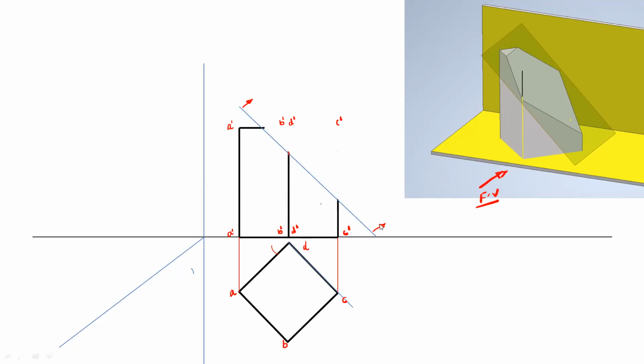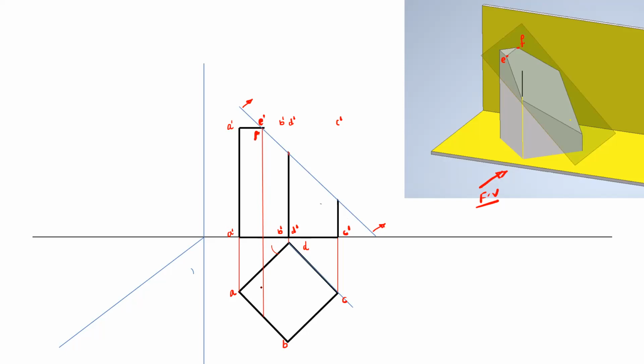Now because of this section plane, we will get the intersection points on the top edges, on the vertical edges. So this is the intersection on the top edge. Okay. So you can take this point. Suppose this is E and F. So this point will be E dash and F dash.